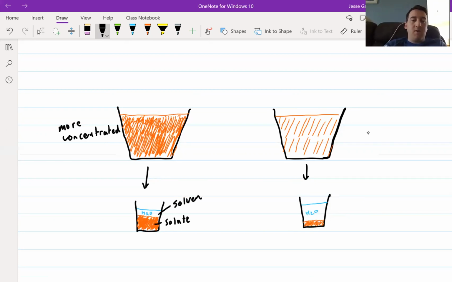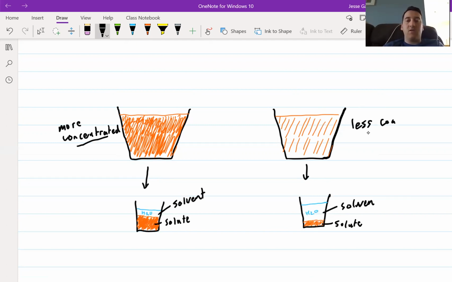You have a large amount of solute for the amount of solvent, which means that the solution will be more concentrated. In this case, you have a smaller amount of solute for a larger amount of solvent, and the result is a less concentrated solution.